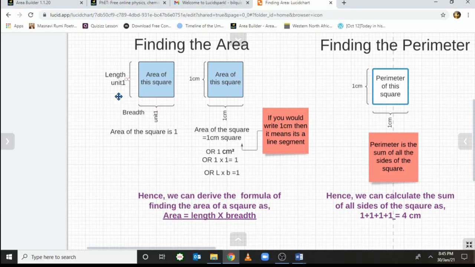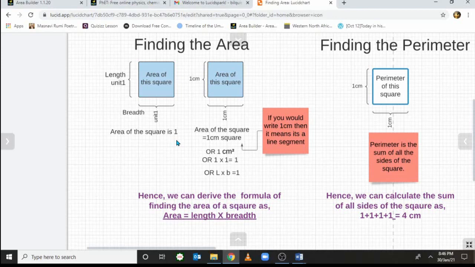So one way to calculate the area of this square is to just count the squares within the covered space. So the covered area of this square is 1 because it has length 1 unit and its breadth is 1 unit. So the area of this square will be 1 unit. Okay? Now let's move forward.